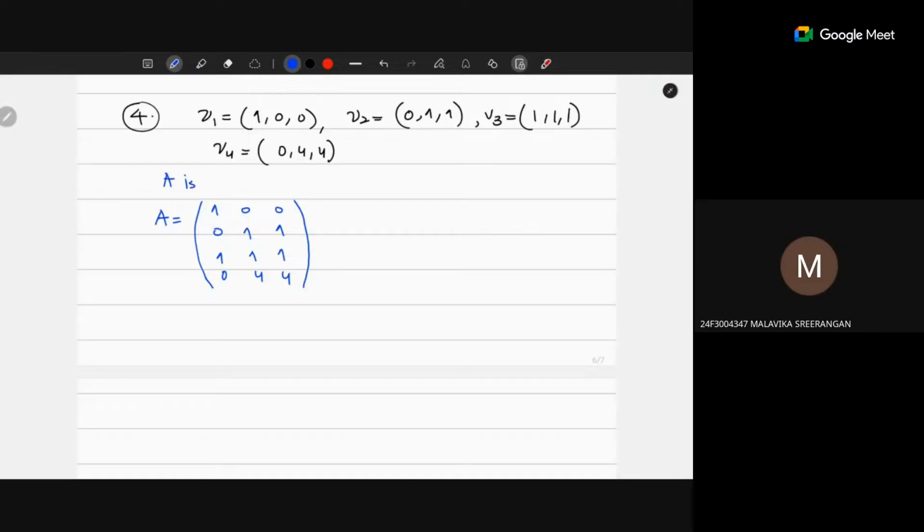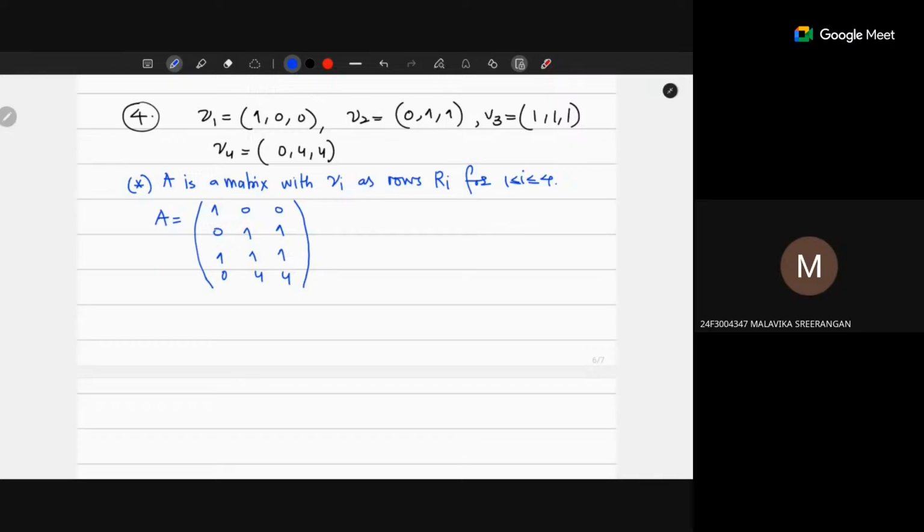So A is a matrix with the Vi as rows Ri. All right.